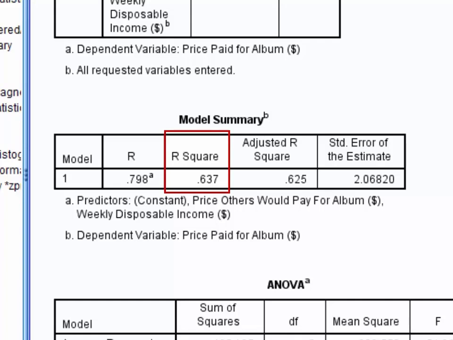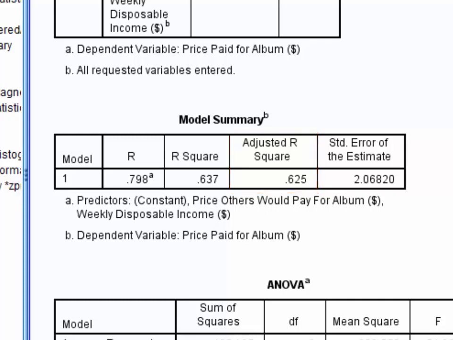Now, R² is a sample statistic and it tends to overestimate the true population effect. Consequently, it's recommended that you also report adjusted R², which is said to be a better estimate of the proportion of variance in price paid that would be accounted for by the two predictors in combination in the population from which we've sampled. Here, though, the difference between the two figures is quite small anyway.